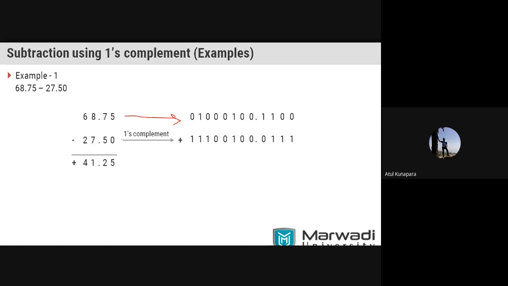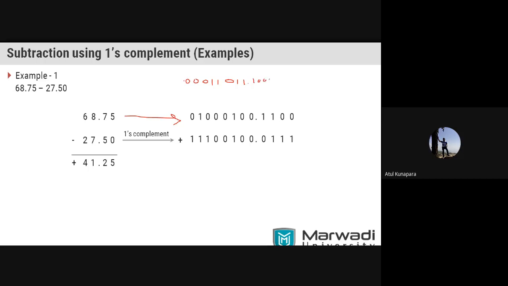Okay, it's not the binary of the 27.50. It will be different. If I want to write down the binary form of this 27.50, I can write it over here: the first one will be 0, 0, 0, then there will be two 1s, then 0, and then again two 1s, then 1, 0, 0.